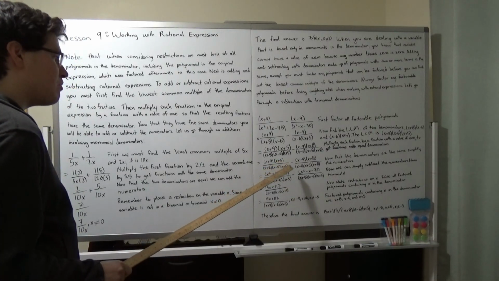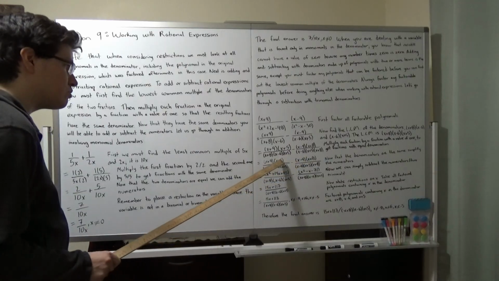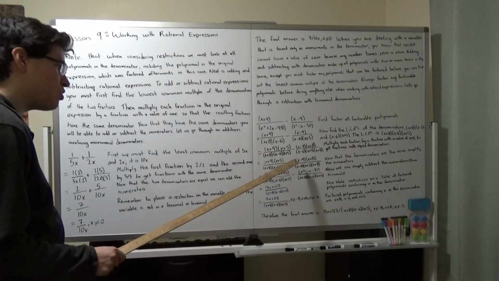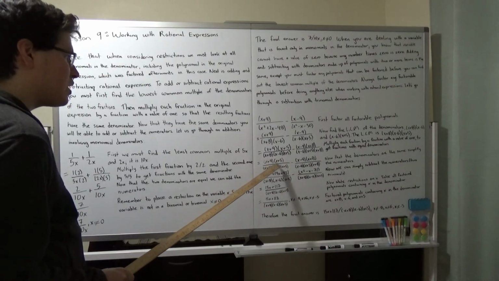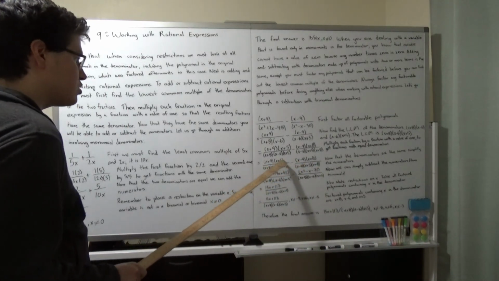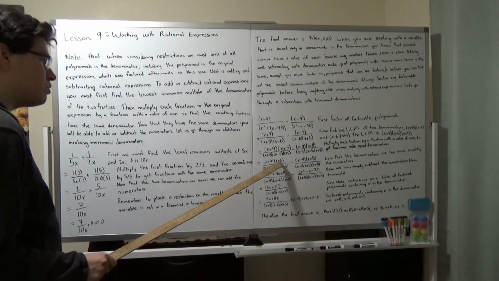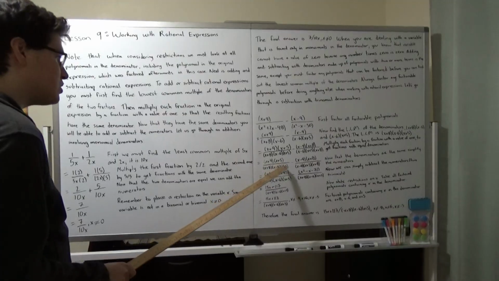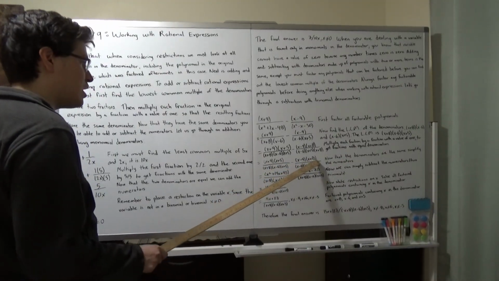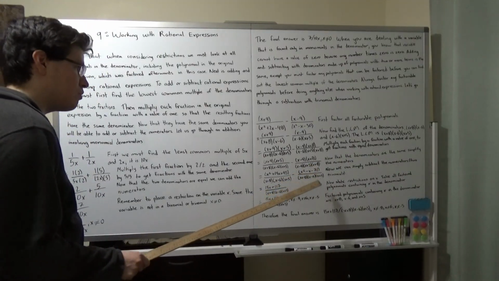If we simplify them and make them trinomials, then we'll be able to subtract individual terms, like x squared with x squared and so on. So x plus 9 times x plus 5 is equal to x squared plus 14x plus 45. And x minus 9 times x plus 8 is equal to x squared minus x minus 72.